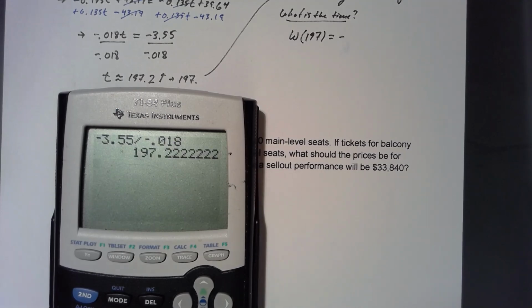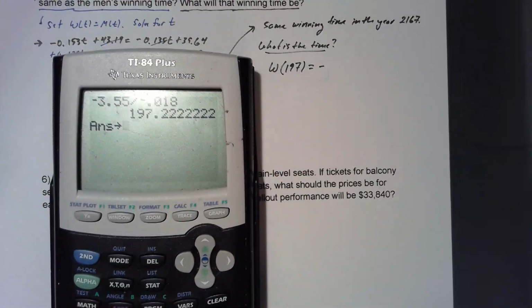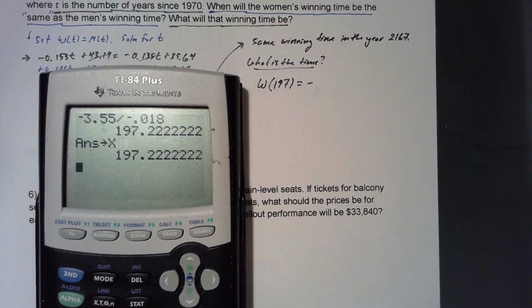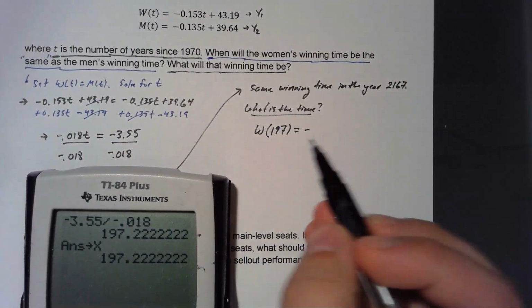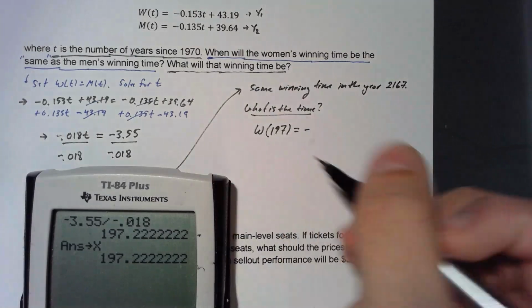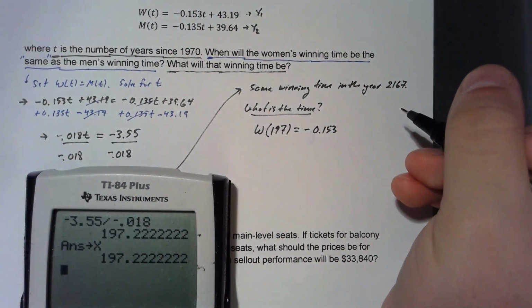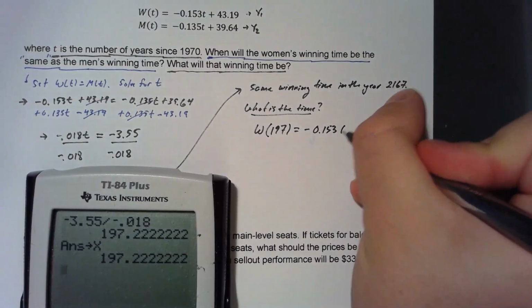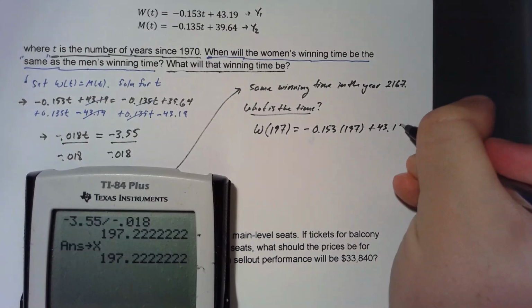So if I want to use that, I'll store this into X. And now I'll just type in W. So W is negative 0.153 times 197 plus 43.19.